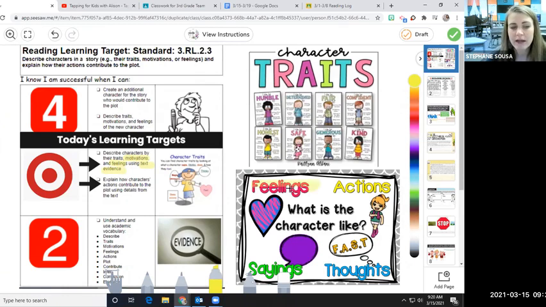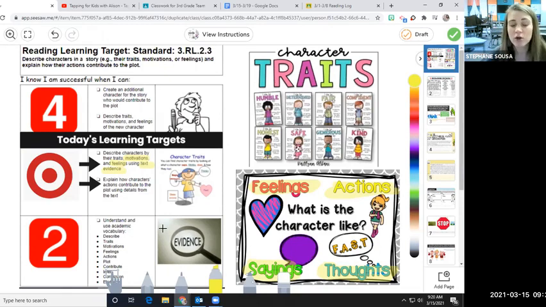When we look at what a character feels, what actions they take, what they say, and what they think, we are able to quickly identify words that can best describe those characters, okay? So think FAST is an acronym for feelings, actions, sayings, and thoughts. Those are the 4 clues that we can highlight in a text to tell us how a character's feeling.